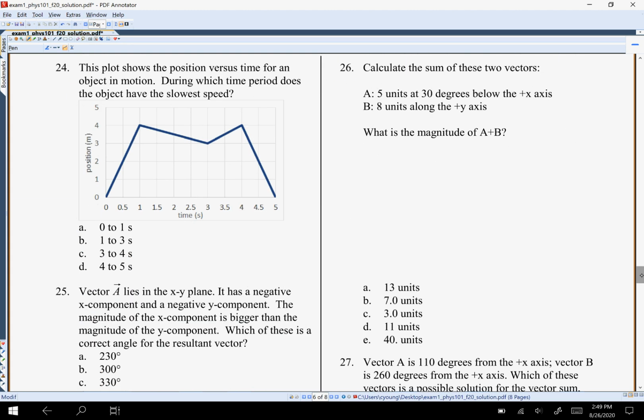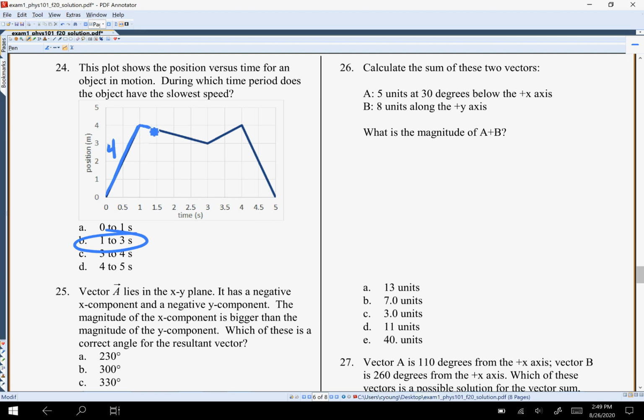This plot shows the position versus time. During which time period does the object have the slowest speed? So I'm looking for the one with the shallowest slope. And so you might be able to look at this right away and say that it has to be B, but let's just find the slope here. This one has a slope of 4, right? Rise over run.